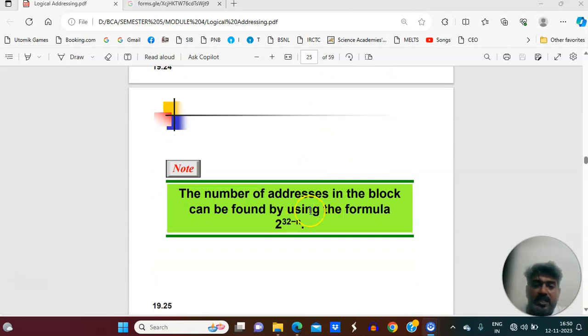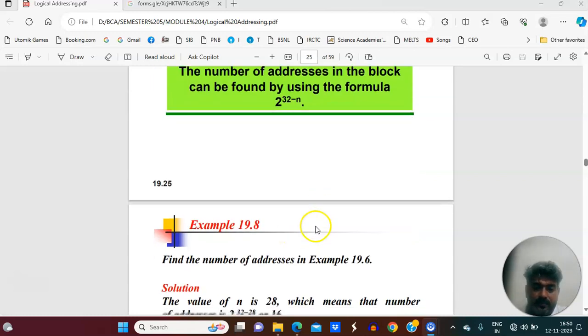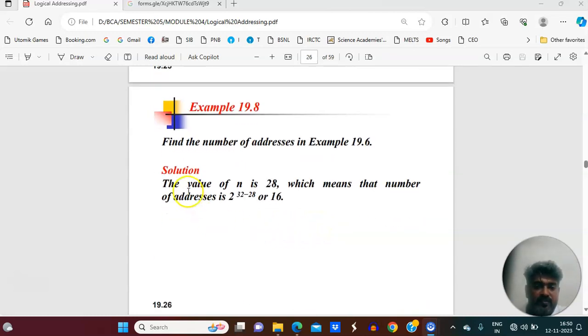The number of addresses in a given block can be found by using the formula 2 raised to 32 minus n. For example, if the value of n is 28, then the number of addresses will be equal to 2 raised to 32 minus 28, or 16.